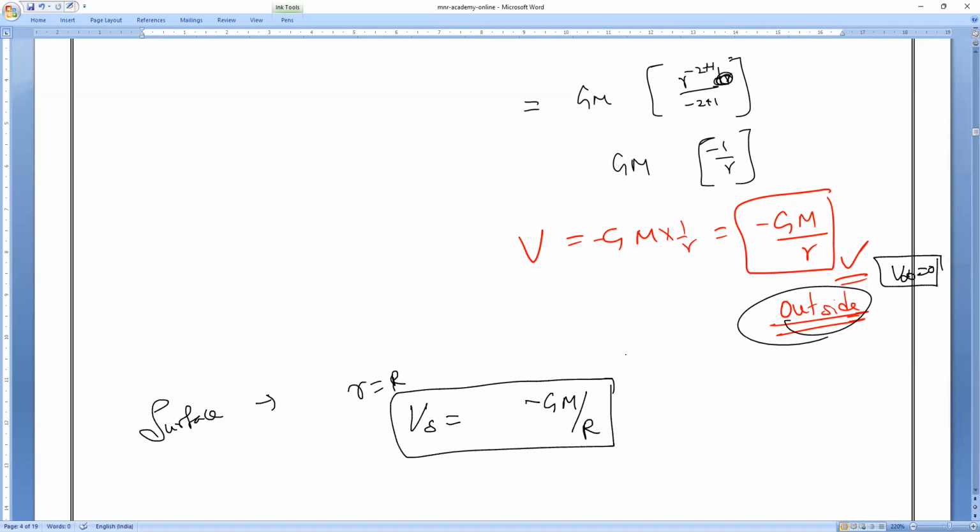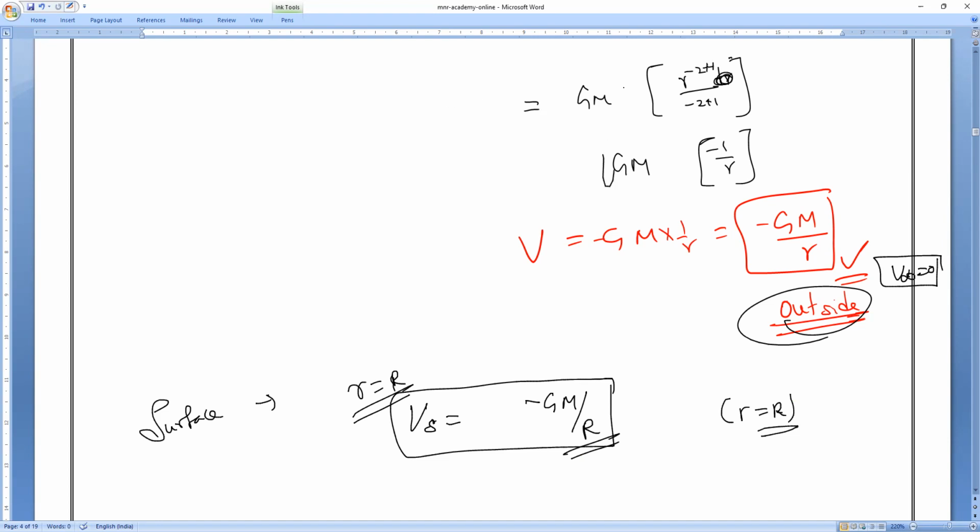So on the surface, where r is equal to capital R, we get Vs equal to minus GM by R. That's all you have to remember, because here small r is equal to capital R. Any doubt, anybody can ask me.